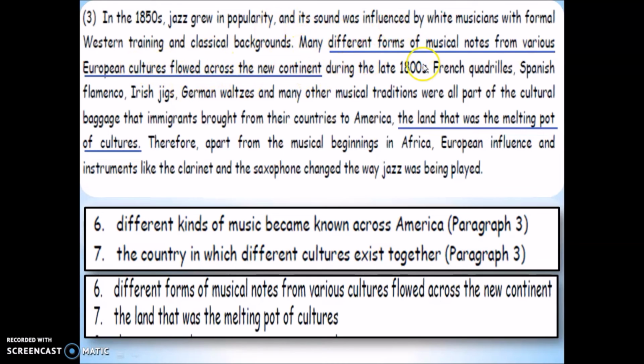You could see it in America. And a country in which different cultures exist together. So melting pot of cultures in the text, as you see, that is to say that we have various cultures, different cultures existing all together. And America was one of them, the country, the land.